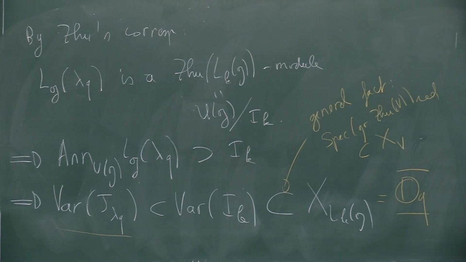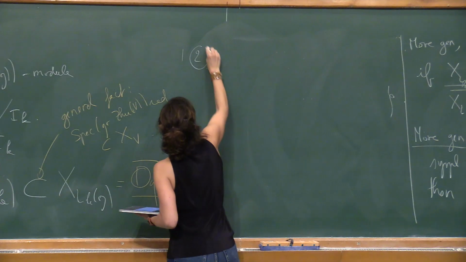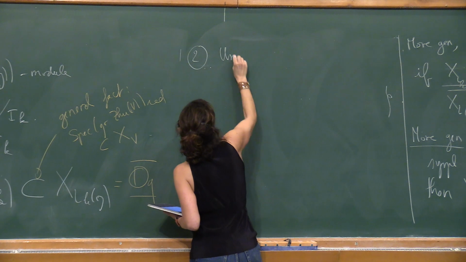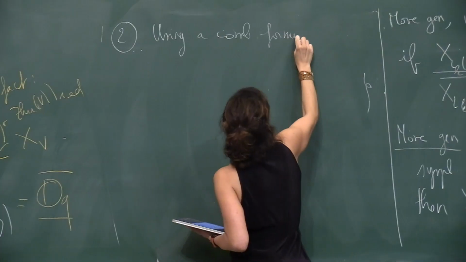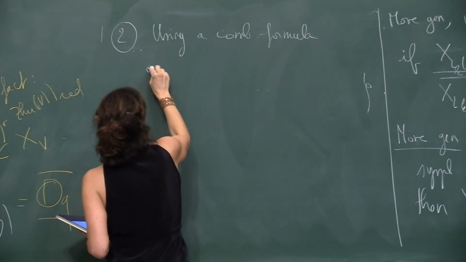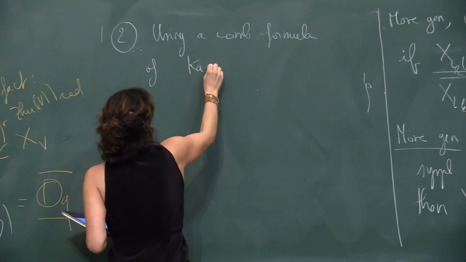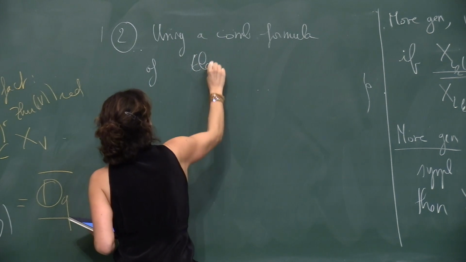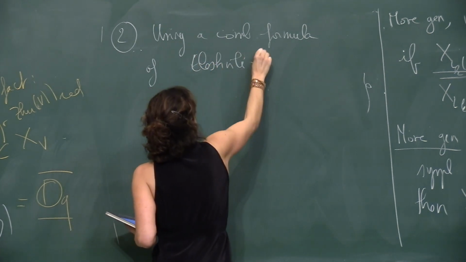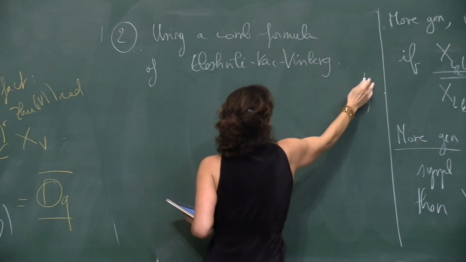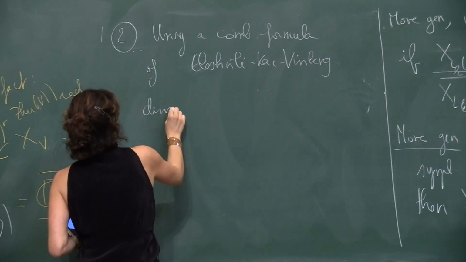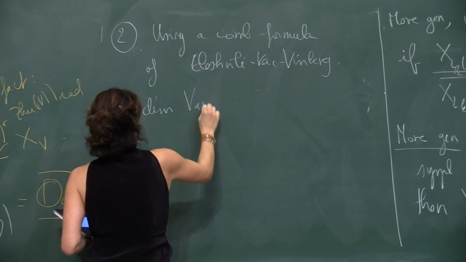But the second part, I don't detail, is that using a combinatorial formula of Kac, Elashvili, Kac, and Weinberg, we can show that the dimensions are the same.